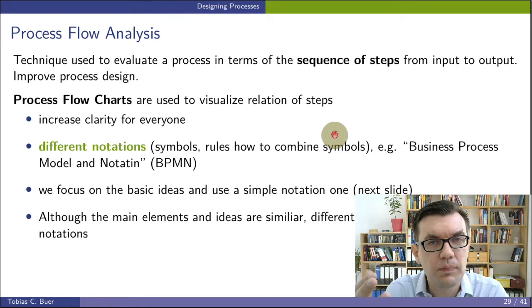You all have been through many processes in your daily life. Think about when you start a new semester at Georgia Tech, you have to register your courses. This is also a process that you go through. You have to get an overview of the available courses, of the courses that are offered.